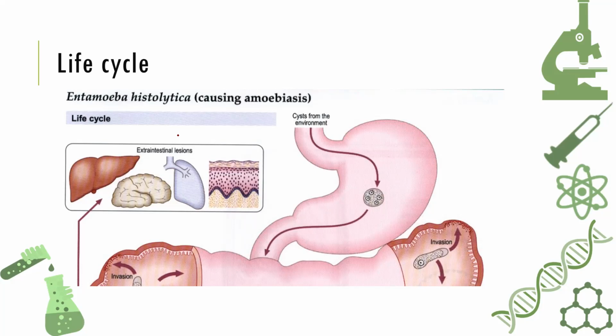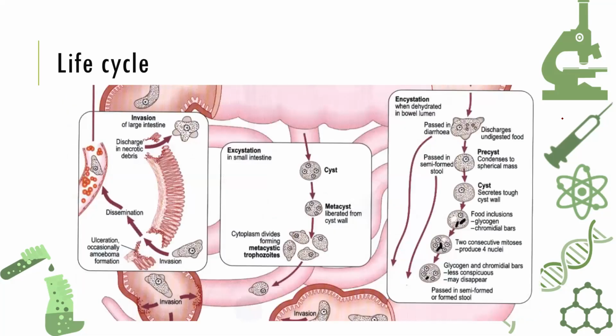Now, since you ingest a food contaminated with the cyst, this cyst will enter our body through our mouth, going to our intestine. So what will happen? In the stomach, going to our small intestine.